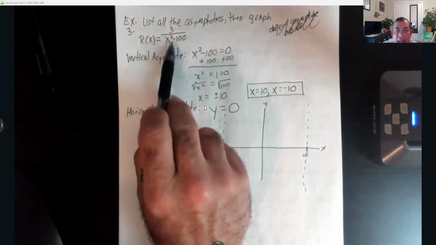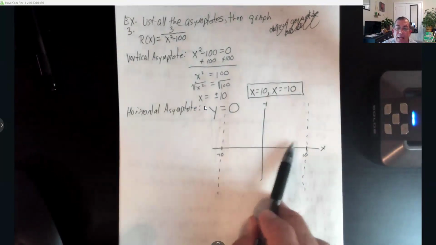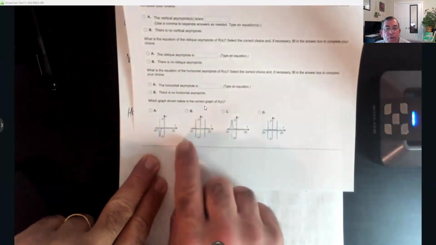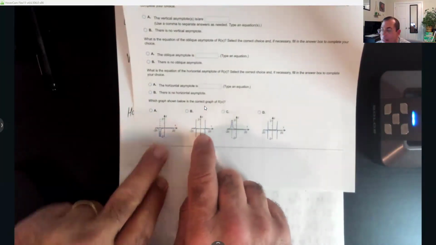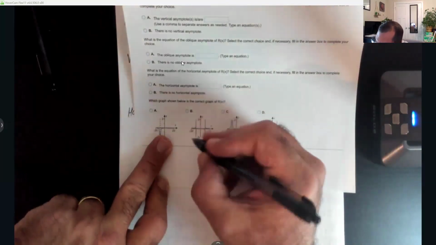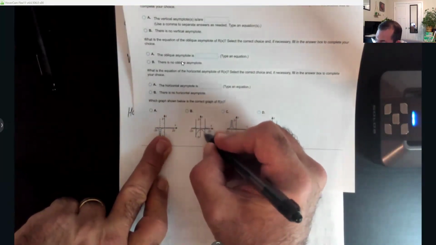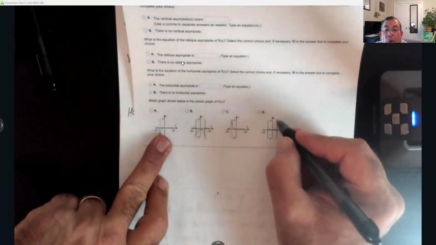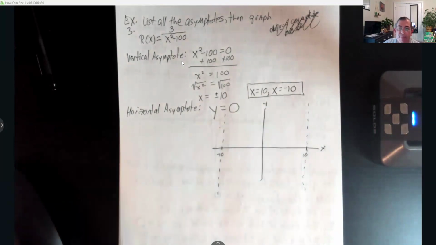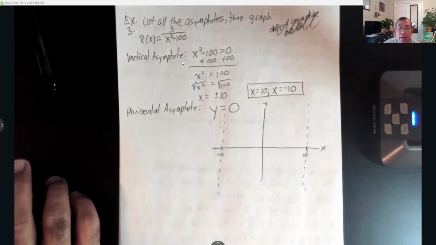See, on this one, since I had x squared down here, that gave me 2 vertical lines, okay? So what I usually do, I'll show you. There's 2 of them that they got that done. They got the B and the D. Well, what I got to know is, is my graph like an upside down U here, or is it like a right side up U on this one? So y'all, how do we find that? We're going to go graph it, okay?